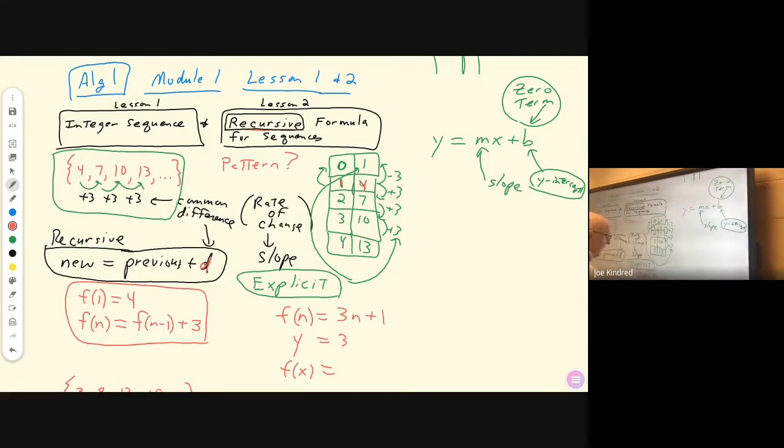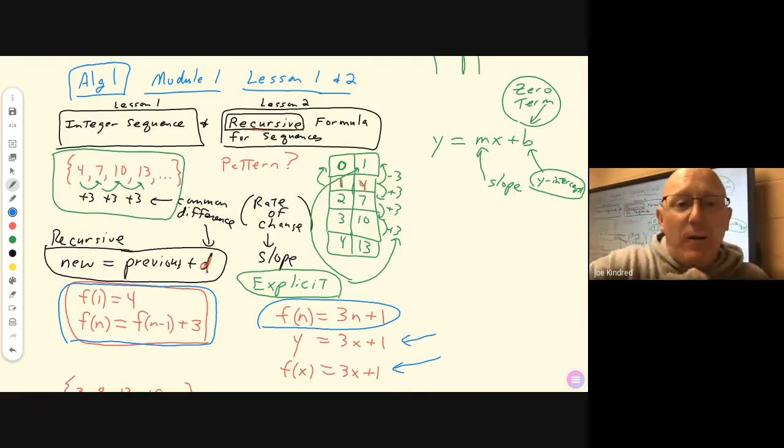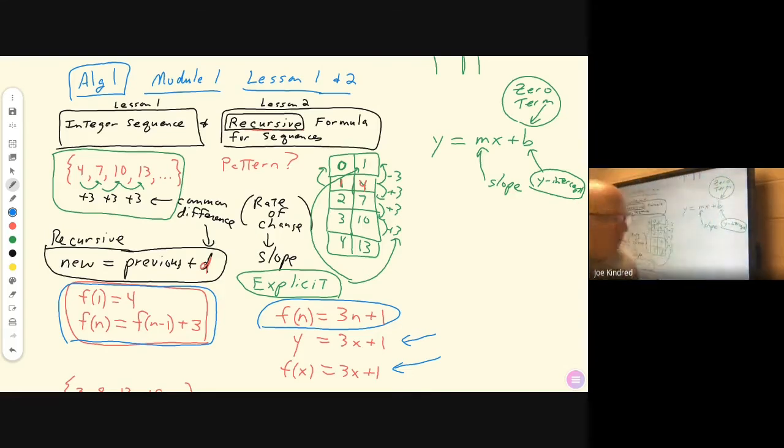And so in this case, we would recognize it in these ways as well. Recursive formula, explicit, and notice how I wrote it in some familiar ways there as well. I wrote it in familiar ways, y is equal to 3x plus 1, and that completes 2 different ways to recognize this sequence.